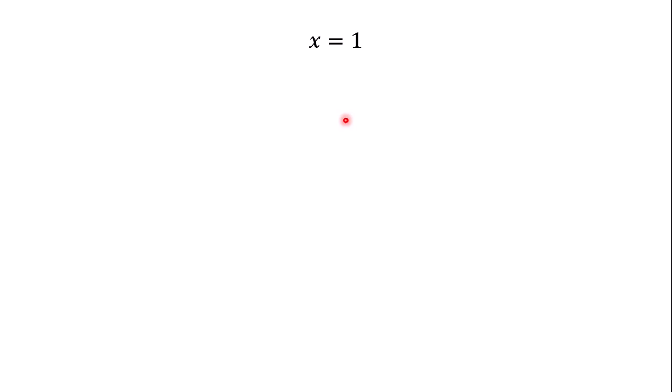Let's find out from the other one too if that one will also give us x is equal to 1. 3 raised to the power x is equal to 3. Now the bases are the same. What is here is the same thing as what is here. What is going to be here? We all know it is 1. So if 1 is here, what is going to be here?